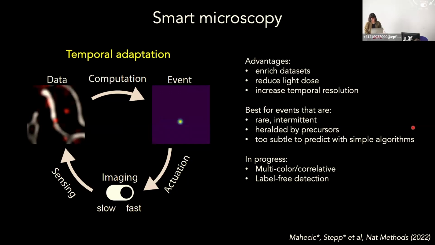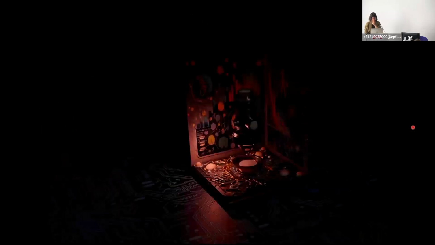And so things that we're working on now are, using this similar framework to detect different kinds of events, to do multicolor detection, and correlative detection between different imaging types, as well as label-free detection, which I'll touch on a little bit toward the end of this talk.